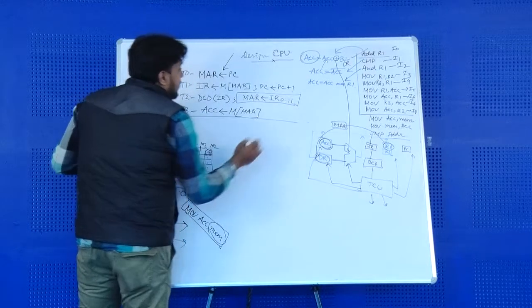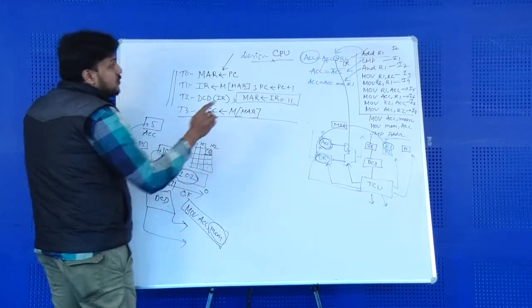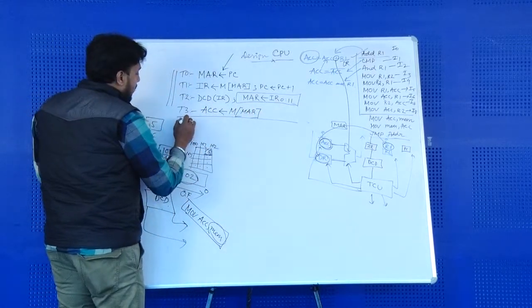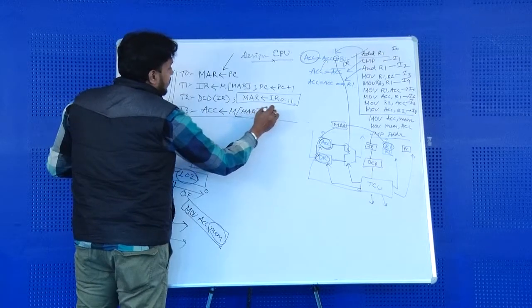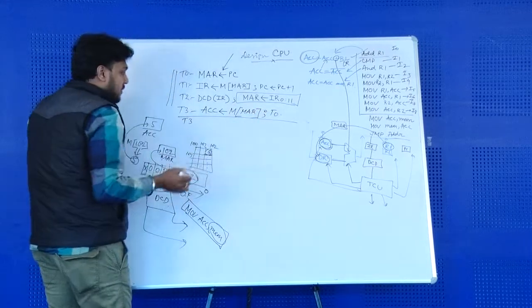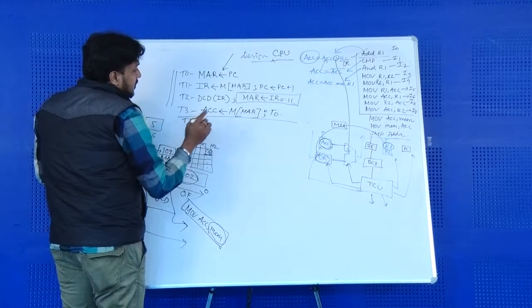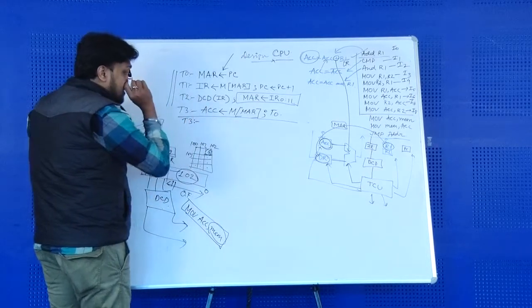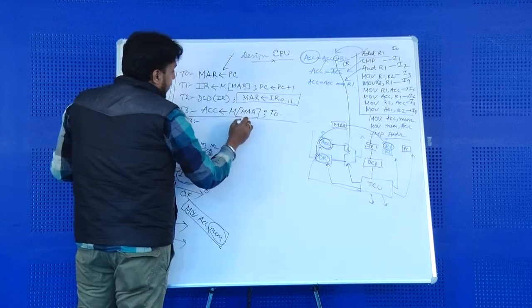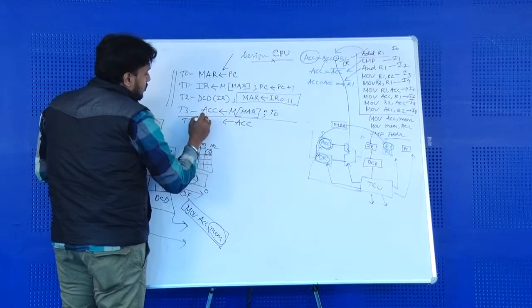If it is a memory write operation, that is, if it is move memory comma accumulator, then what you have to do? Here we have to initiate T0 again, as it is, no change. We have to copy the content of the accumulator to memory.